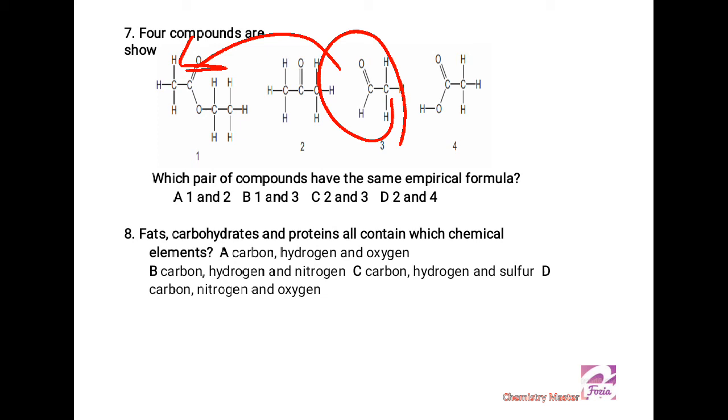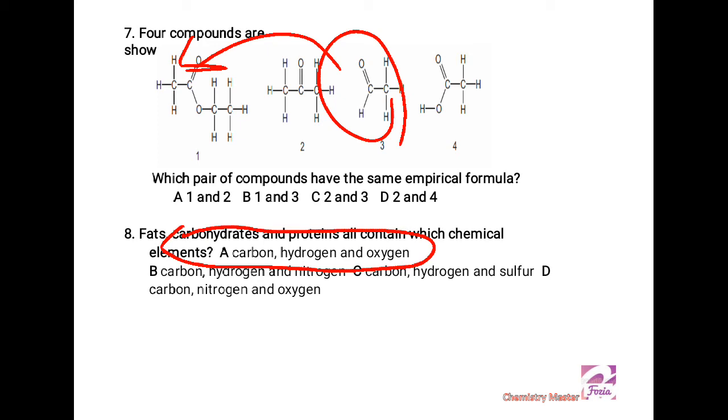MCQ number 8. Fats, carbohydrates and proteins all contain which chemical elements? Option A, carbon, hydrogen and oxygen. That's a very close answer, but we have to see the rest of the options as well.